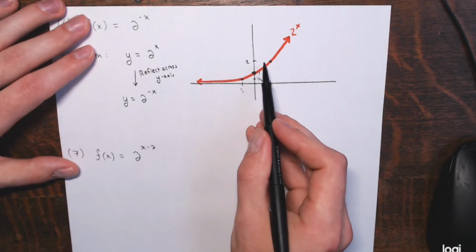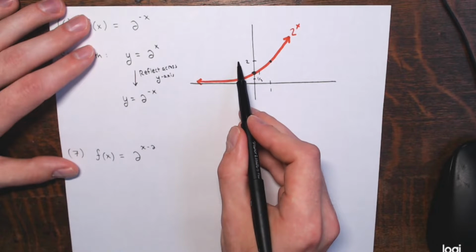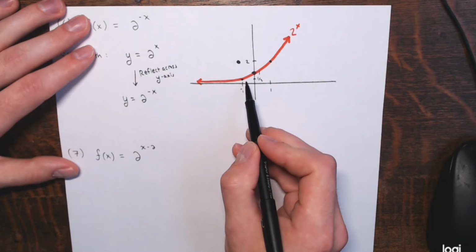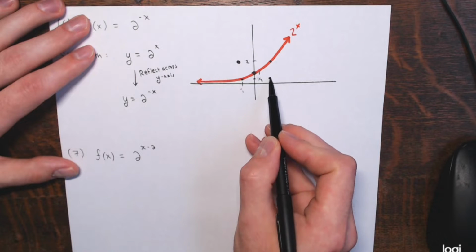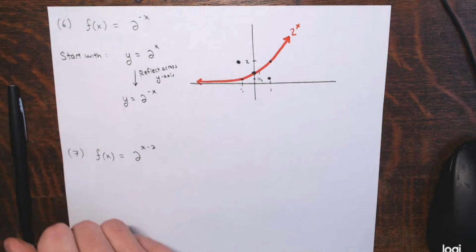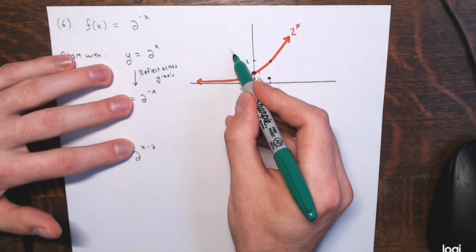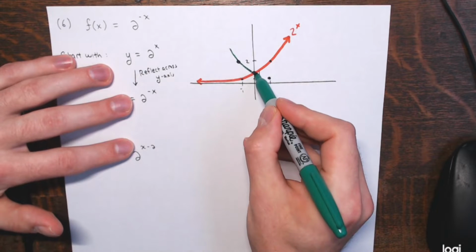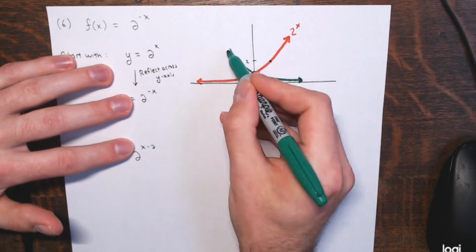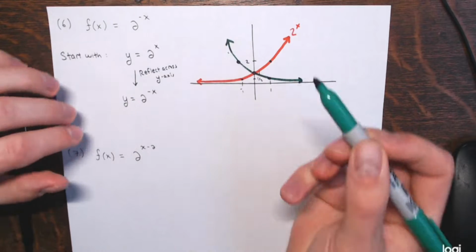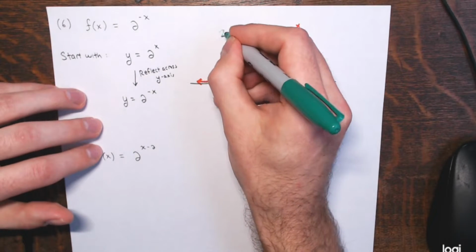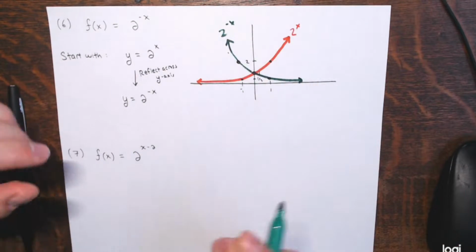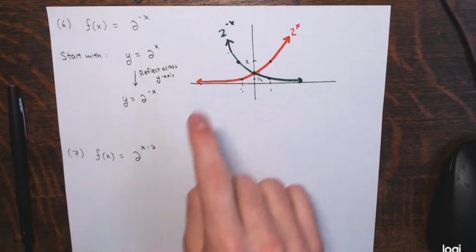So instead of 1, 2, got negative 1, 2. 0, 1 would stay at 0, 1, and instead of negative 1, 1 half, you'd have 1, 1 half. And I'll put this in green. Alright, and the same asymptote though, right? It didn't reflect across the x-axis. And here's y equals 2 to the negative x, and that's all they wanted. Right? So there's the graph.